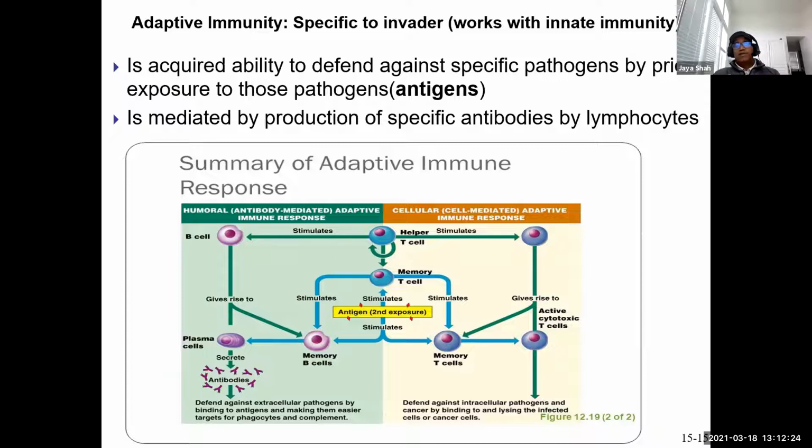T cells, on the other hand, mature in a gland called the thymus. Where is the thymus in our body? It is behind your sternum. If this is my hand, if you turn around, here will be the thymus.